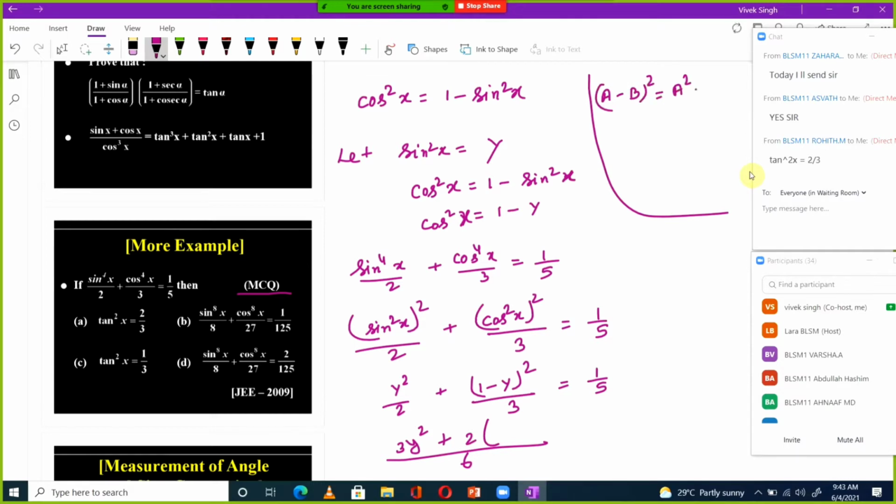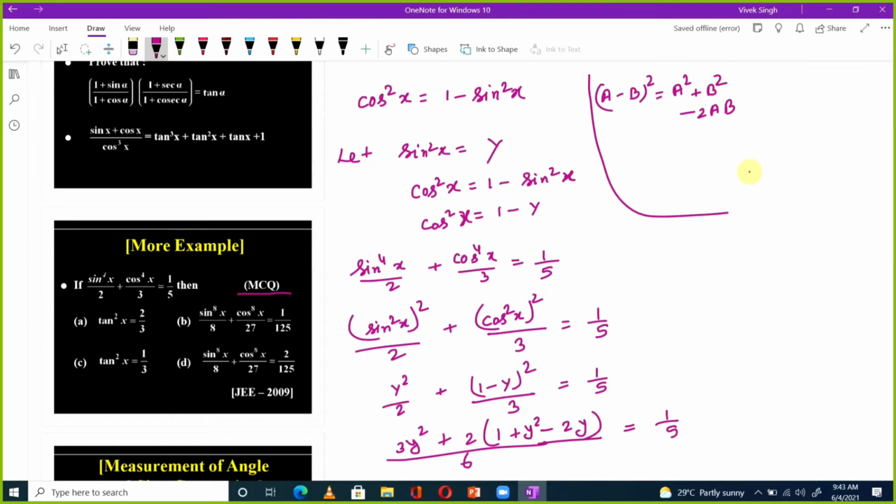This will be a square plus b square minus 2ab. All of you know this formula. So apply this. In place of a you have to write 1, in place of b you have to write y. So it will become 1 square will be 1 only, plus y square minus 2 into 1 into y, it means 2y, and this will be equal to 1 by 5.